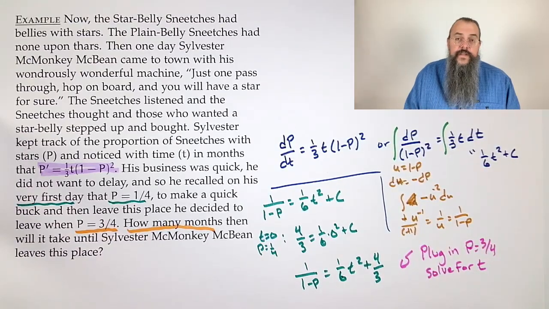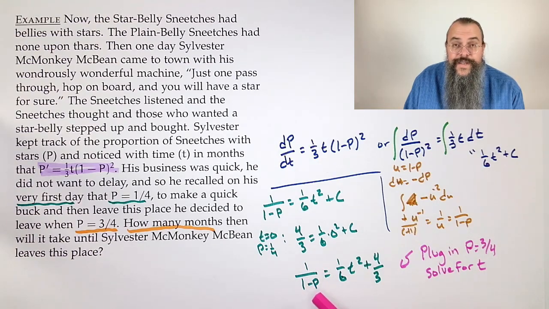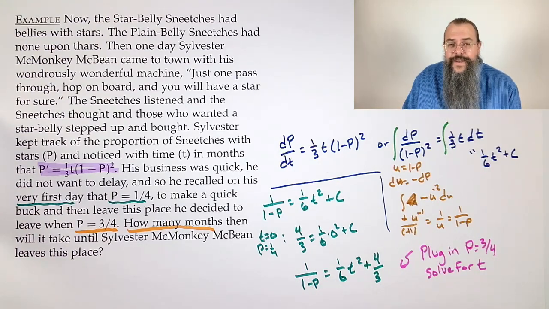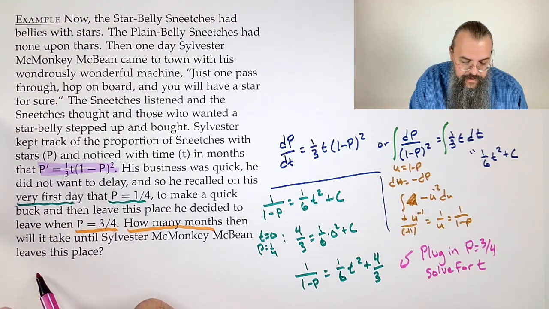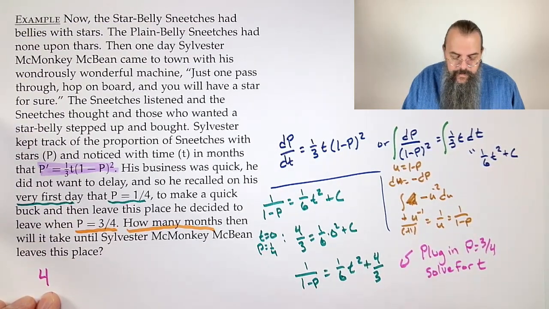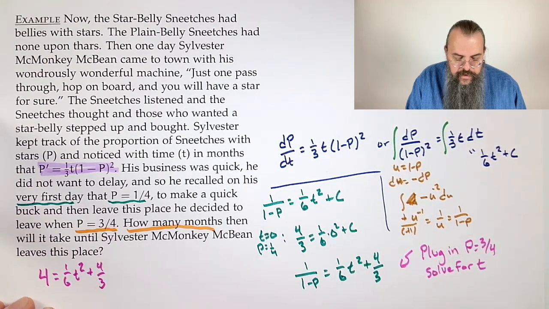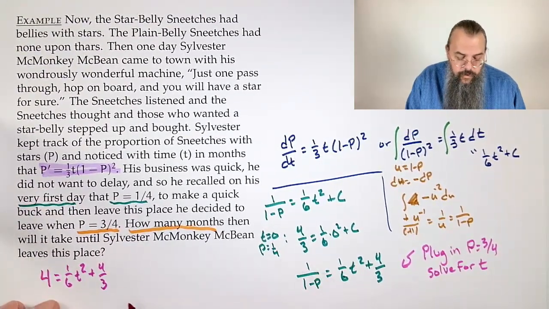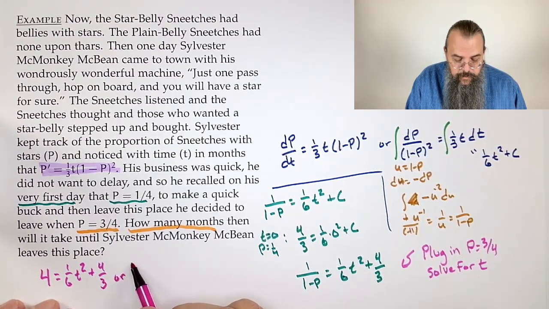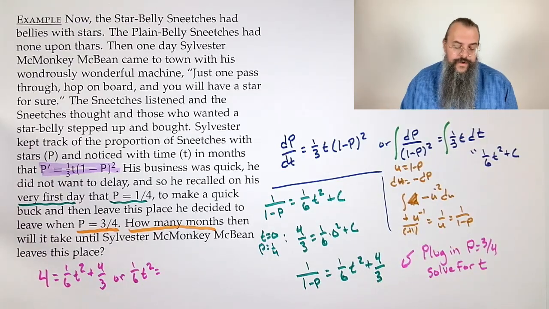All right, well, let's do that. So if we plug in 3/4, 1 over 1 minus 3/4, what will that give us? Well, that's going to be 1 over 1/4, or that'll give us 4. So that's 4 equal to 1/6 t squared plus 4/3. Or if you like, we could say that 1/6 t squared is 4 minus 4/3.